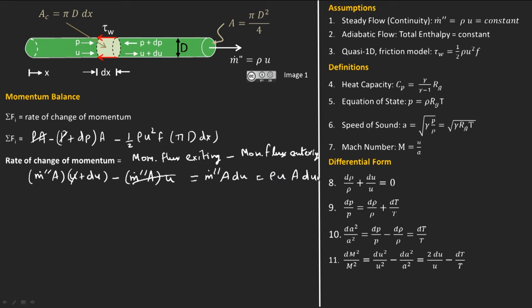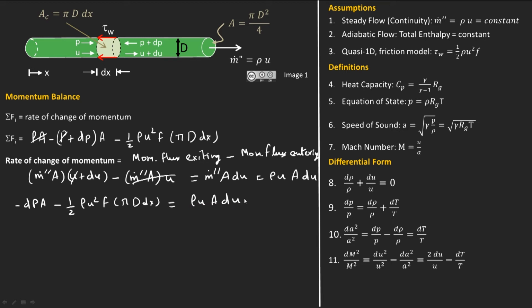The next step, of course, is to equate the forces to the rate of change of momentum, and do that as minus dp times A minus half rho u squared multiplied by f times pi d times dx should be equal to rho u A du.